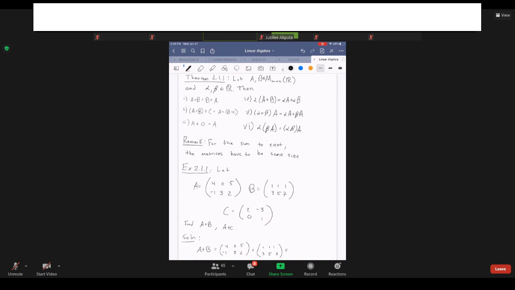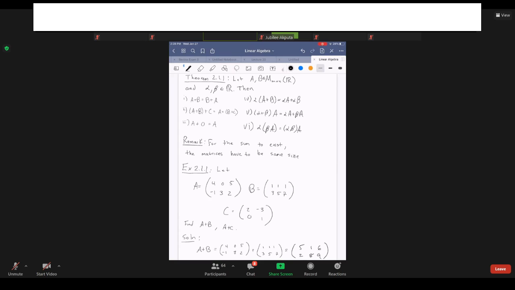This will equal, just add them together component-wise, 5, and so on. Okay, what about A plus C? Would that exist or no? No, right? They don't have the same size. A plus C does not exist because they don't have the same size.